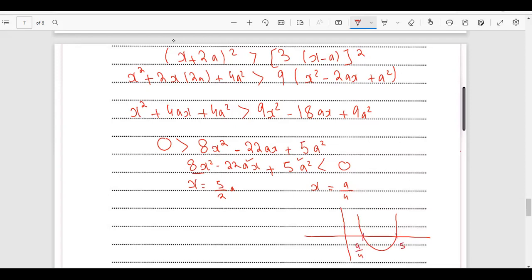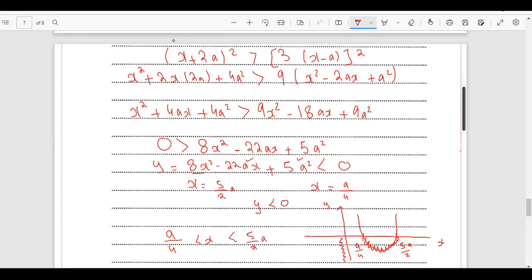Now, I can write it as y equals this, so it becomes y is less than 0. This is y and this is x, and on this part of the graph y is less than 0, so this is going to be my range.